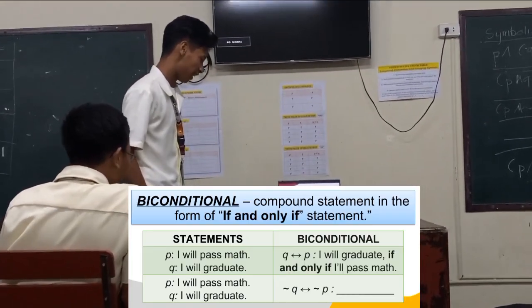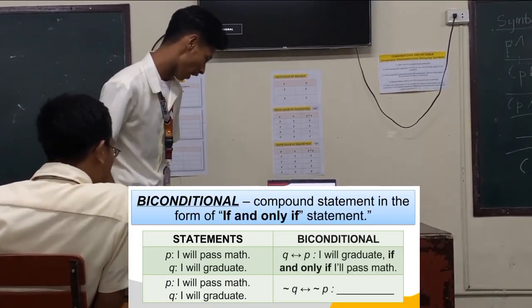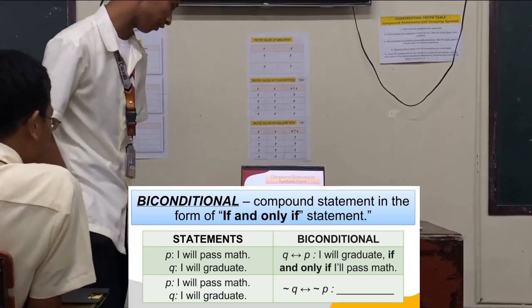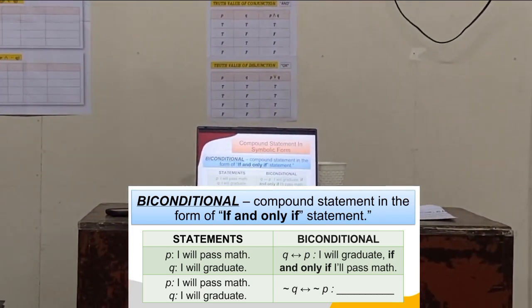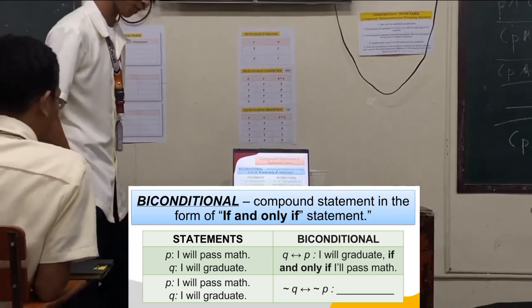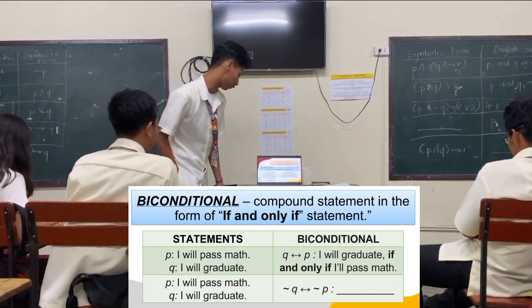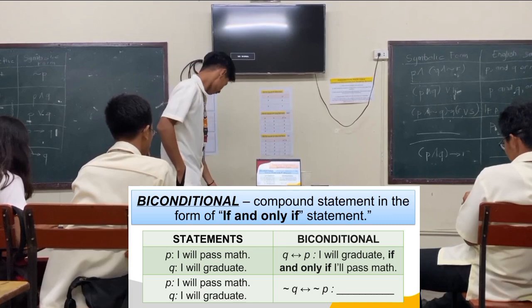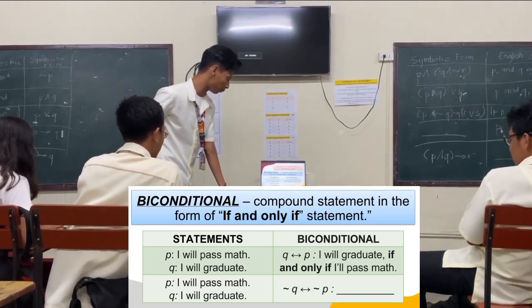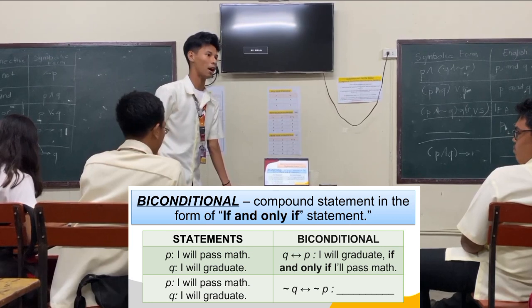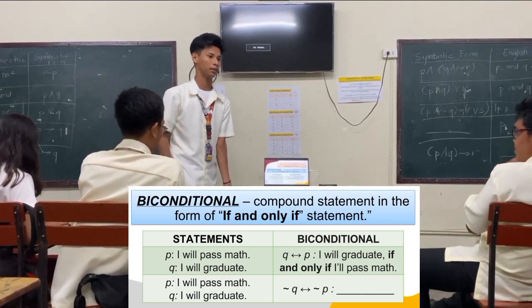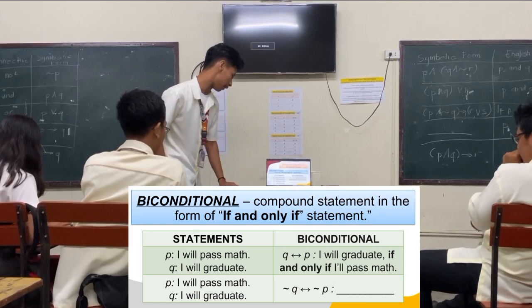Biconditional: a compound statement in the form of an if and only if statement. When we say biconditional, it's a compound statement wherein two or more simple statements are connected using if and only if.